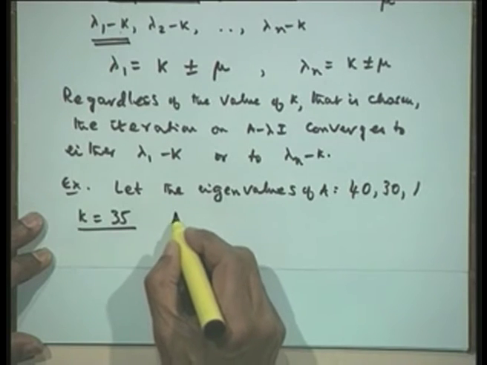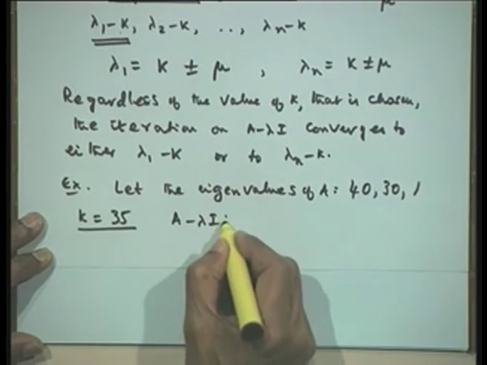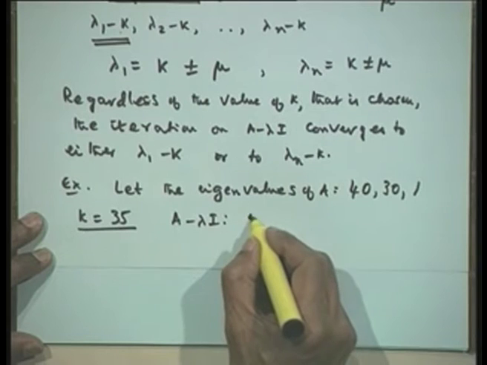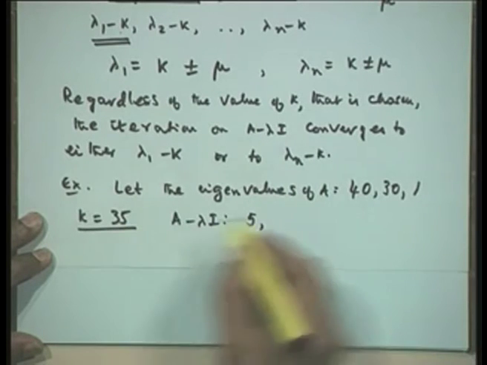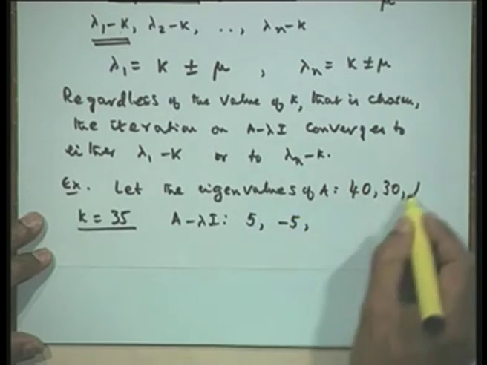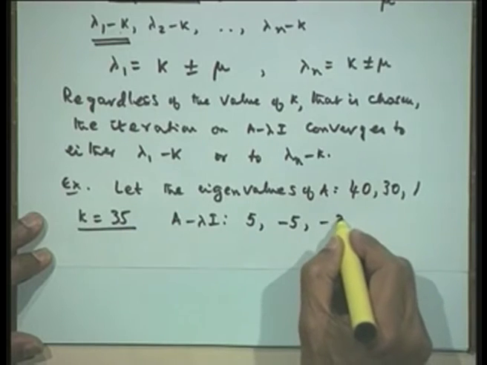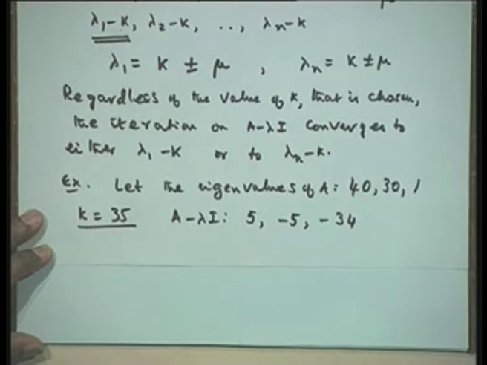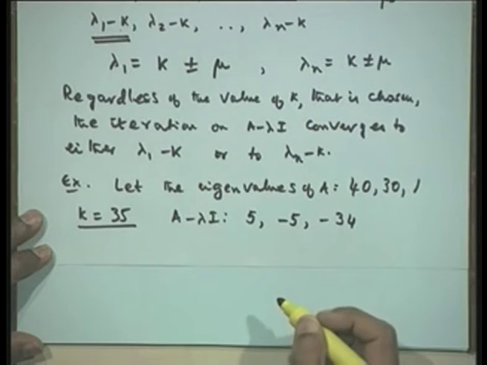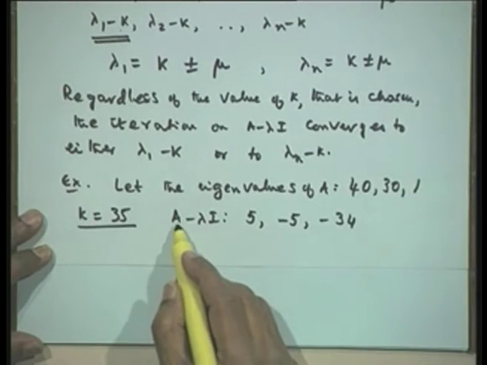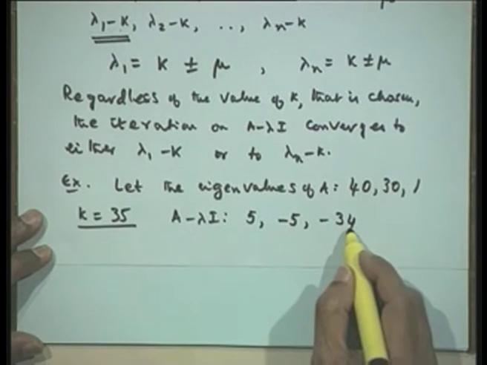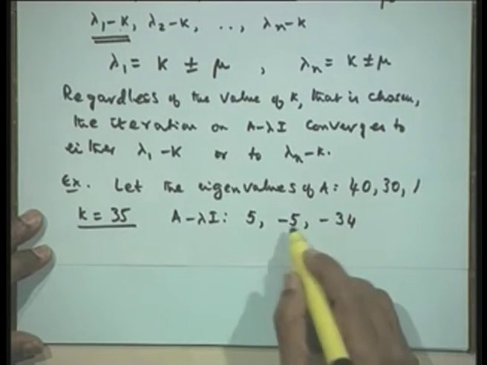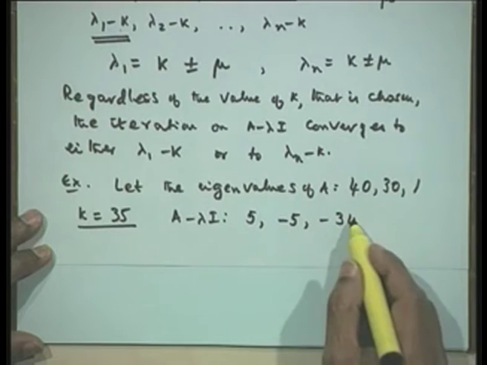Therefore, the eigenvalues of A minus k I would be 40 minus 35, that is 5, 30 minus 35, that is minus 5, and 1 minus 35, that is minus 34. Now, the iteration on A minus k I would converge to the largest eigenvalue in magnitude, that is 34 in magnitude.